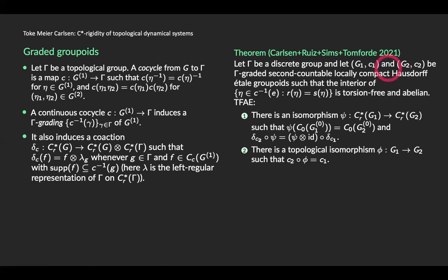And in the algebraic setting for Steinberg algebras, there are several versions of this result, and I think the most general one is due to Steinberg. And in the algebraic setting, you can even relax this condition and get something which is more general. But I don't know how to do it in the C*-algebraic setting.